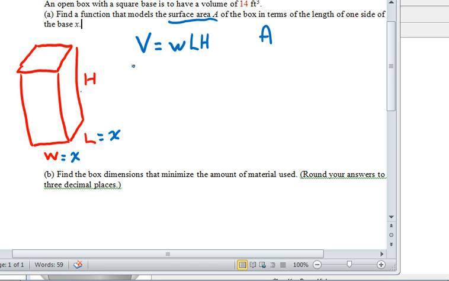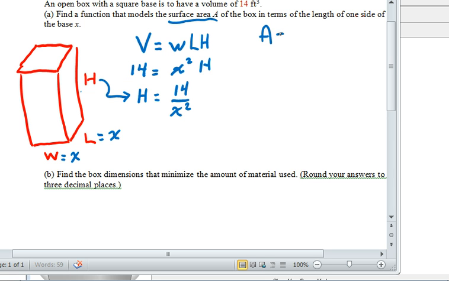So in our case, substituting the 14 for the volume, we'd have x squared times h, which we can solve for h to give us 14 divided by x squared for the height. So now we've got the length, width, and height all written in terms of x.